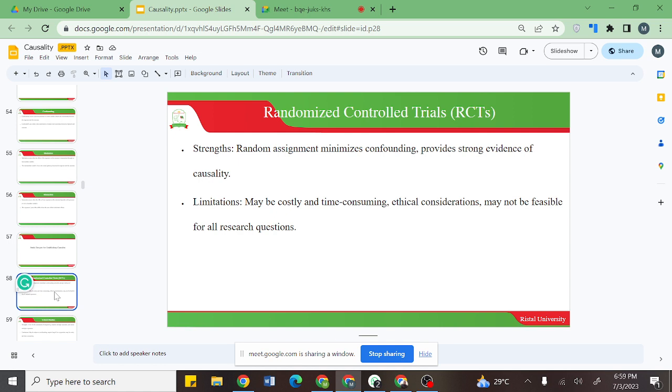But with analytical studies, you're interested in why and how. Why is it that these people are the ones getting the disease, and how do they get it? So the analytical research designs are the experimental studies, which in most cases are the randomized control trials, cohort studies, and then case control studies.